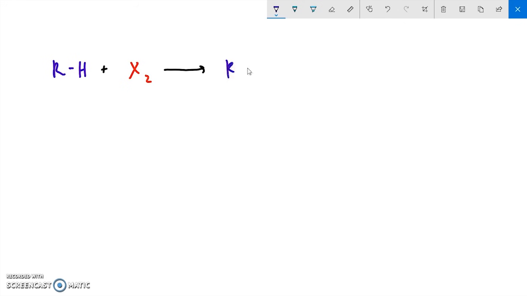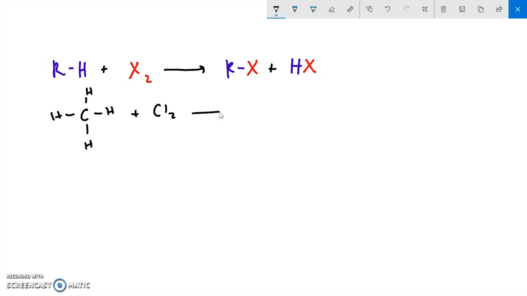So we're going to get R, X, and the side product of HX. In general, if we have a methane compound such as C, H, H, H, and H reacted with the chlorine, what we're going to get is the chlorine will attack any of the hydrogen here.